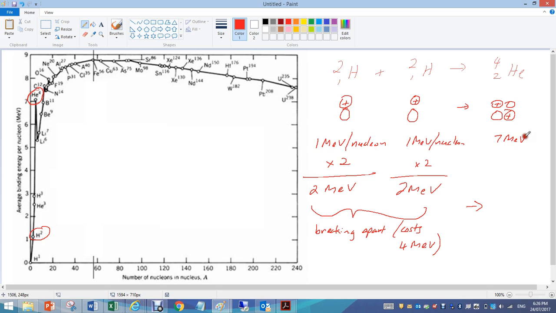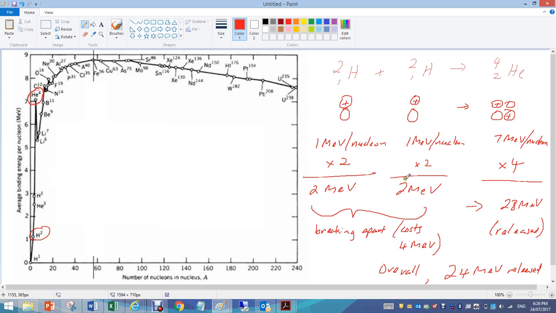There are 4 nucleons in that helium nucleus, 7 times 4 is 28, and that's released. So overall, we have 28 released, but it cost us 4, so that's overall 24 mega electron volts released. And that's why fusion releases energy.